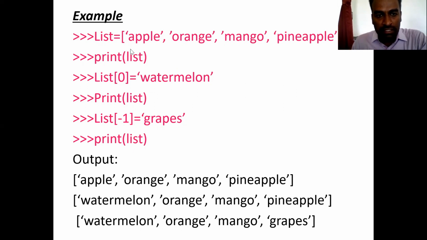The initial index is 0, so watermelon is added at list of 0. In the next statement, list of -1 equal to grapes, so grapes is added from the right, at the last of the list, because -1 is the last index of the list.